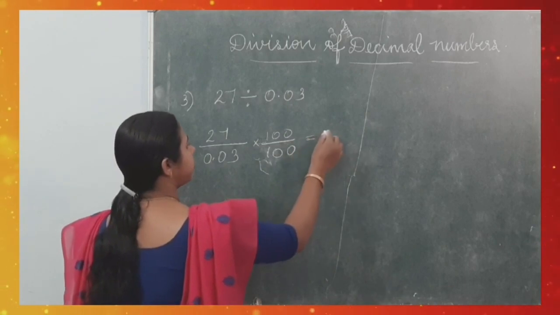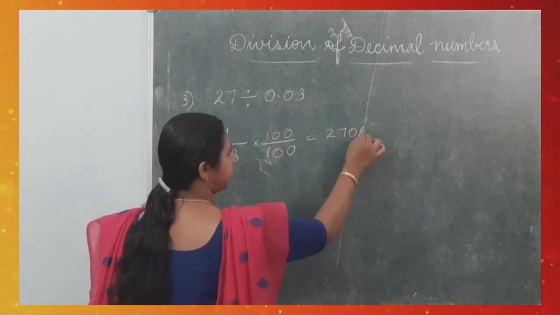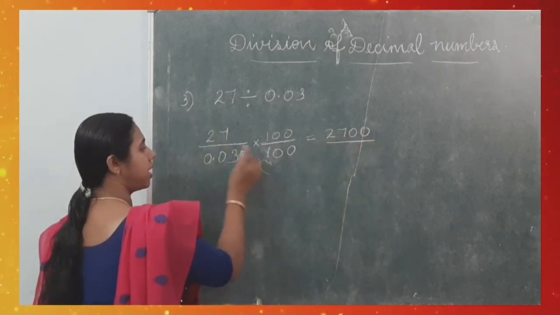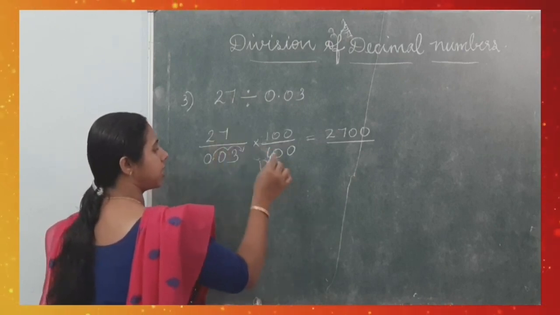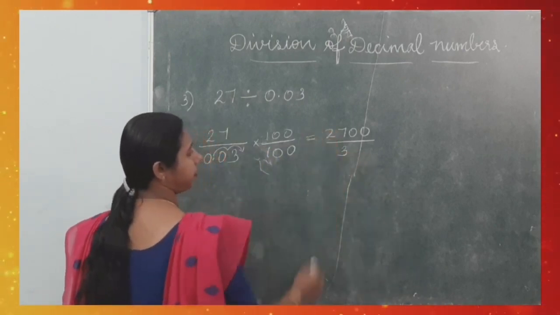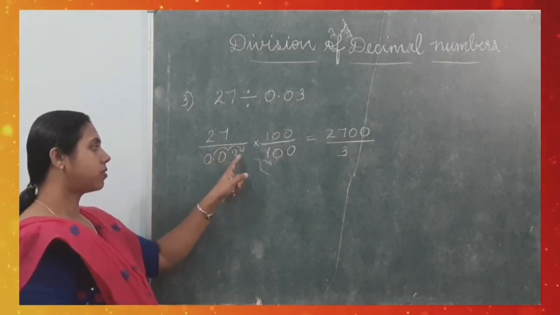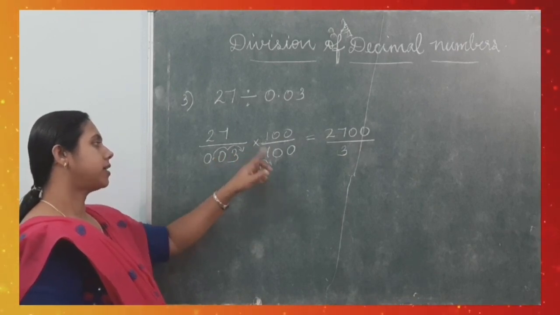Which is equal to 27 into 100, that is 2700 divided by 0.03 into 100. So the decimal point will move two places to the right. So the answer is 3. Is it correct? The point will move two places to the right. So 3.00 will come.